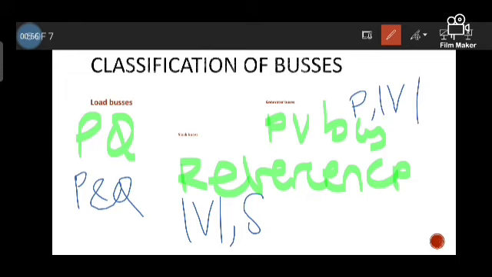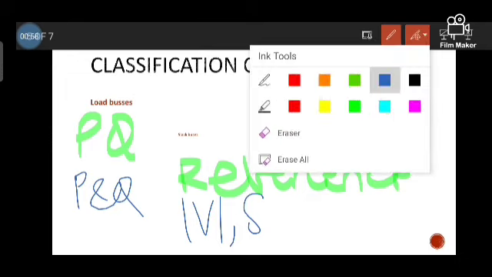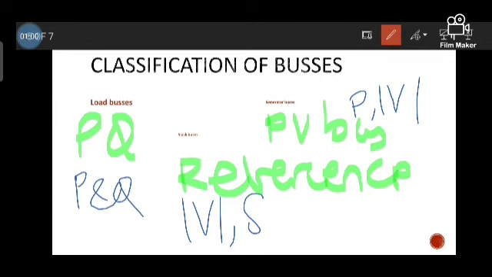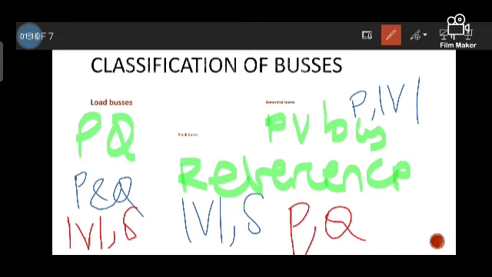In the load bus, the unknown quantities are voltage magnitude and phase angle. In the slack bus, the unknown quantities are active power and reactive power. In the generator bus, the unknown quantities are reactive power and phase angle. So I have mentioned all these things here.